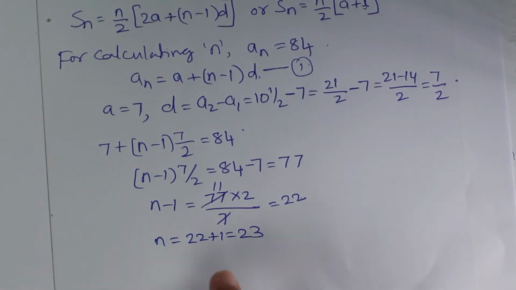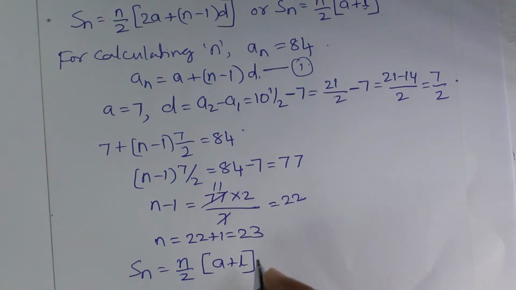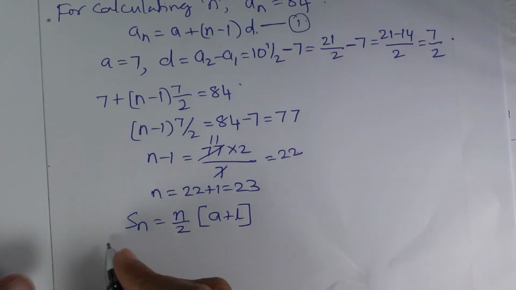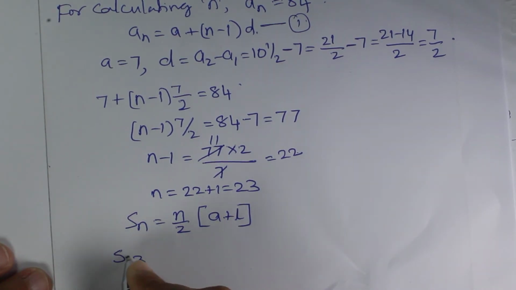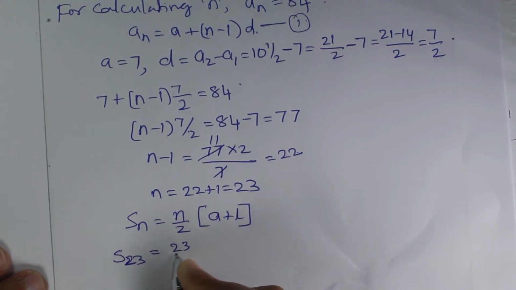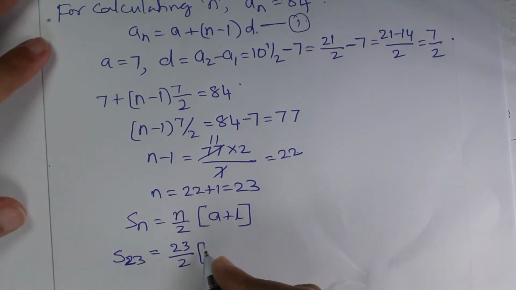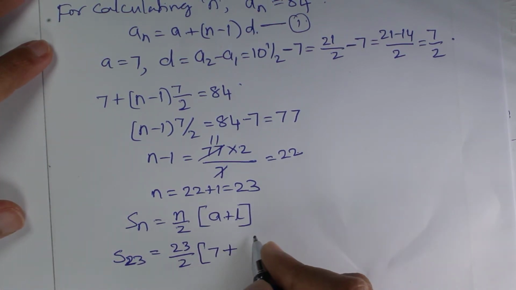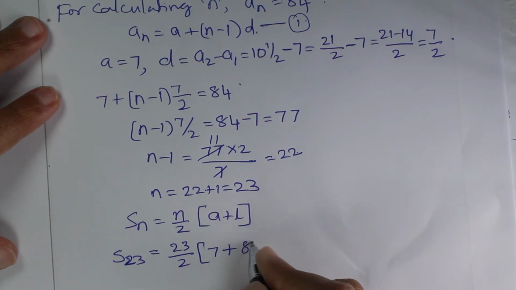Now we will use the formula Sn is equal to n by 2 into a plus l to calculate the total sum of the first 23 terms in this series. So S23 is equal to 23 by 2 into the first term, 7, plus the last term, 84.